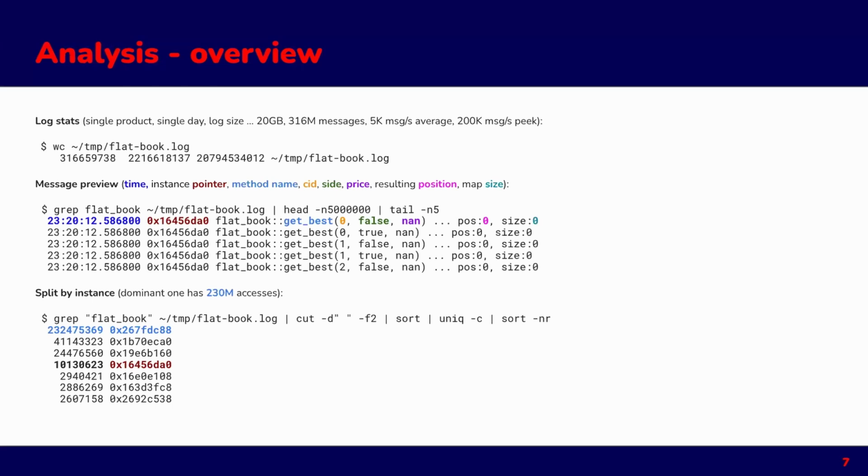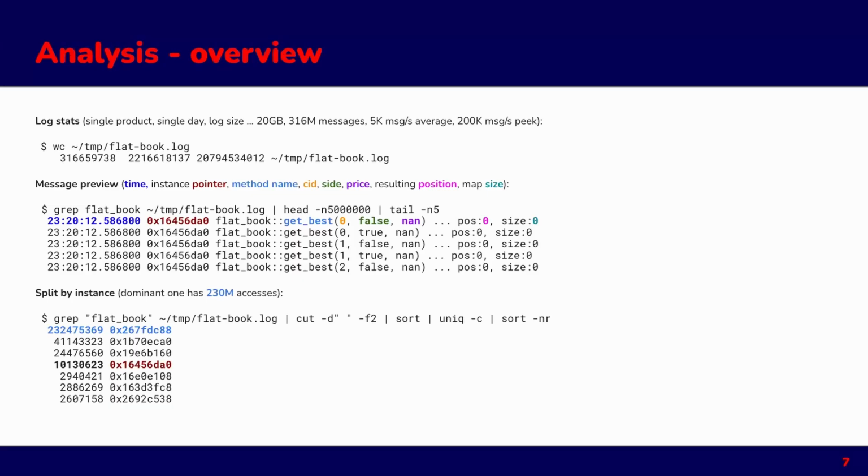All right, so I have instrumented the system and logged every book access for a sample day. And it leads to roughly 20 gigabytes of log file, 300 million messages. And the individual messages look like something like this. You can see timestamp, pointer to the flat book or book instance.